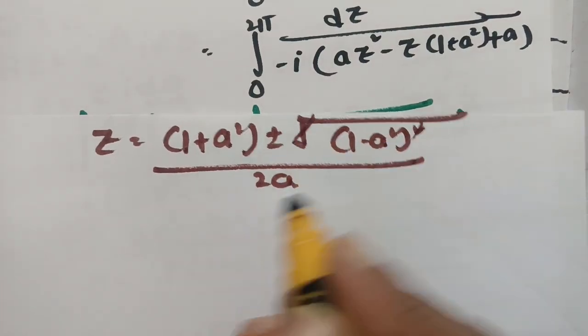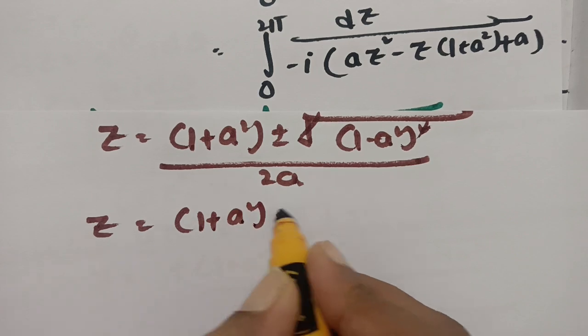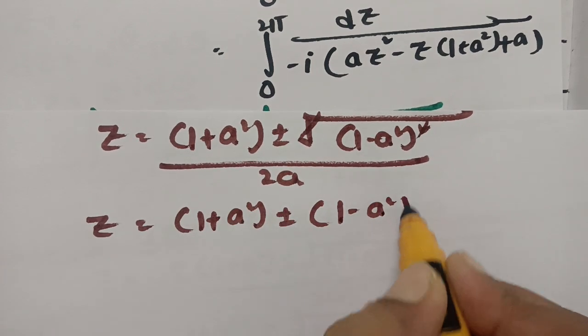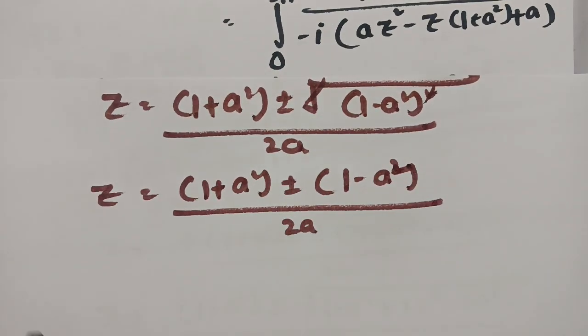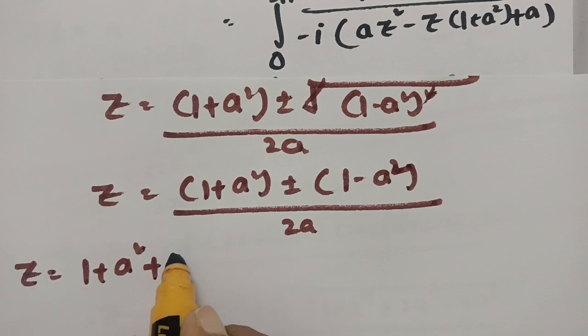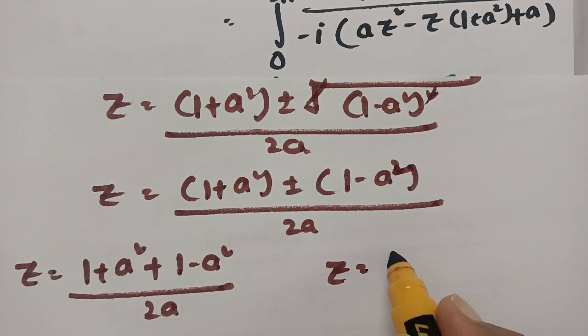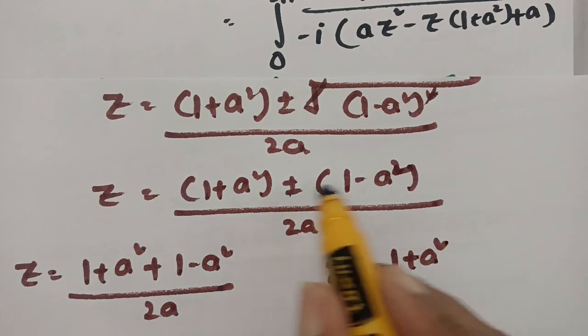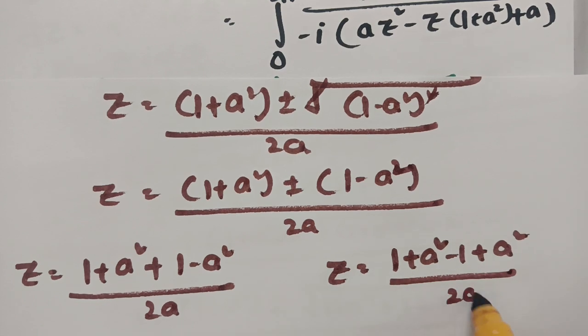So if I cancel the square and root, our z value is equal to 1 plus a square plus or minus 1 minus a square, by 2a. See, the first pole here is 1 plus a square plus 1 minus a square by 2a, and the next one is 1 plus a square, if I take minus inside, minus and plus, by 2a.